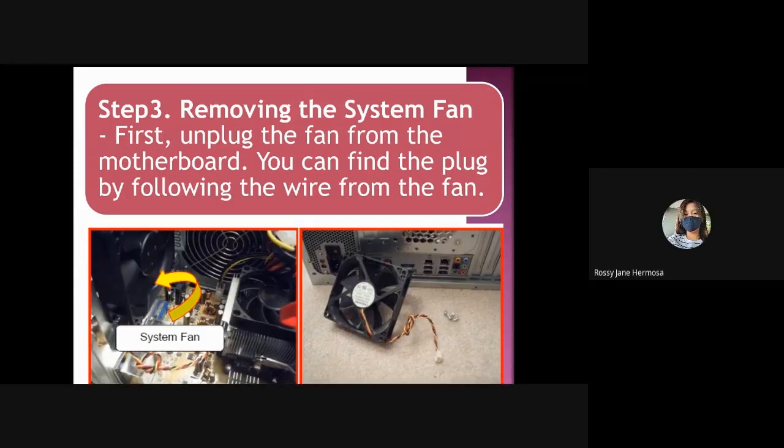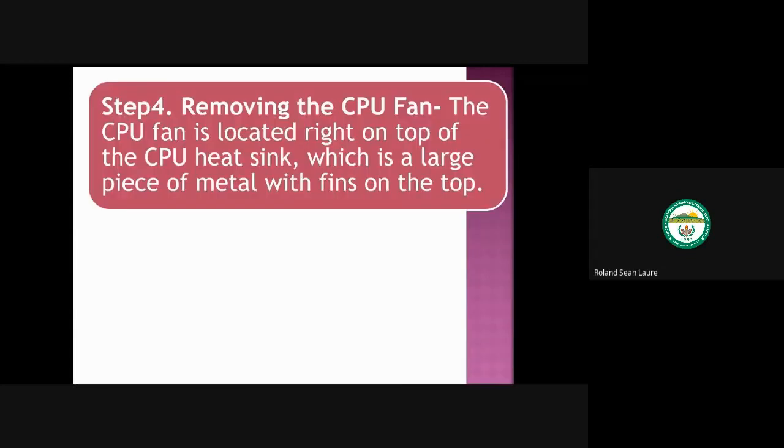Removing the system fan. First, unplug the fan from the motherboard. You can find the plug by following the wire from the fan. Okay. So, remove the system fan. Next, number 4, removing the CPU fan.